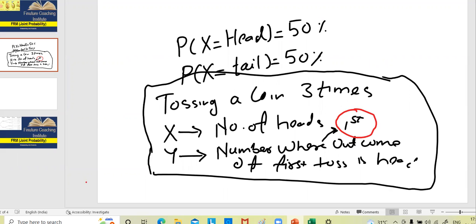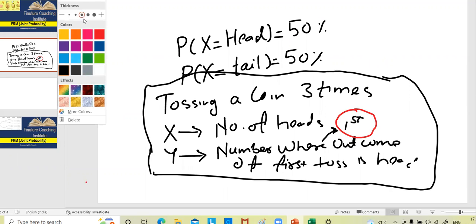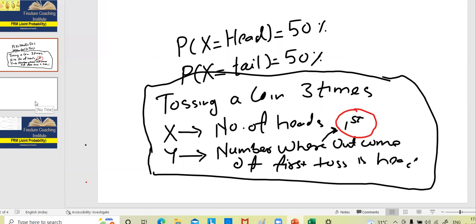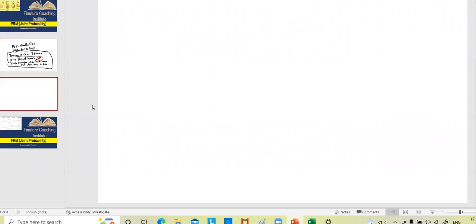Okay. Now let's see how we tackle this problem. Firstly, you need to understand that you are tossing a coin 3 times. So let's see how we can explore it. When you toss a coin the first time, what are the possible outcomes?